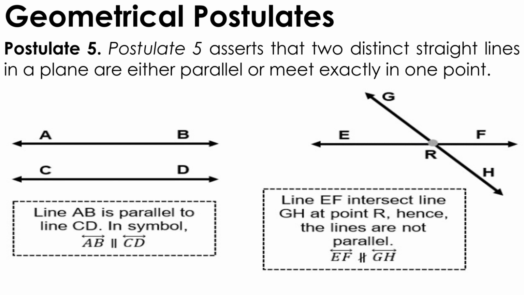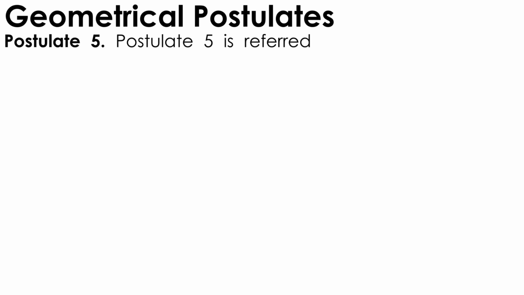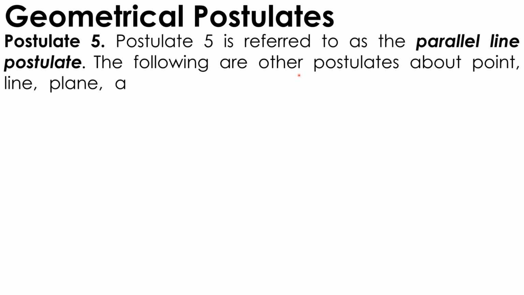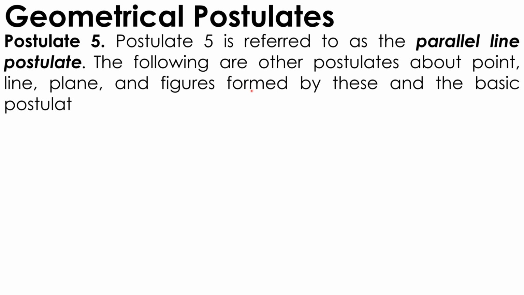Now let's proceed. Postulate number 5 is referred to as the parallel line postulate. The following are other postulates about point, line, plane, and figures formed by these and the basic postulates. So we have this one first.